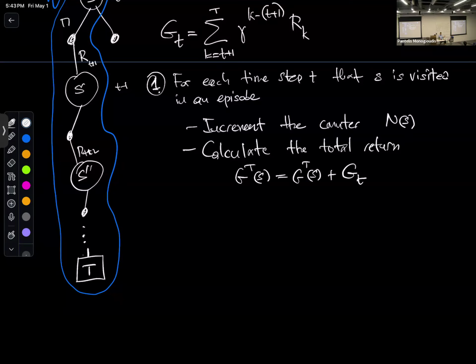At the specific time that I'm visiting state S, I have some rewards to be won, rewards to go until I exit the room, and therefore I will be incrementing this counter, and I will be summing all the returns from that state that I hit. Are you following?